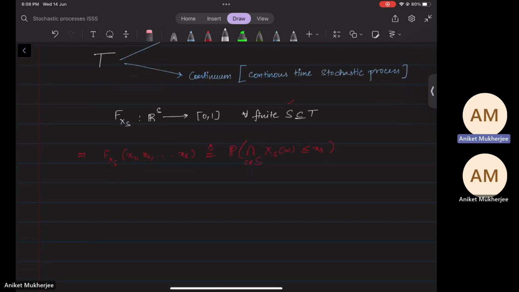Okay, so some basic quantities of a stochastic process. You have m_X(t), which is the expectation at a given index t, where t belongs to the index set.